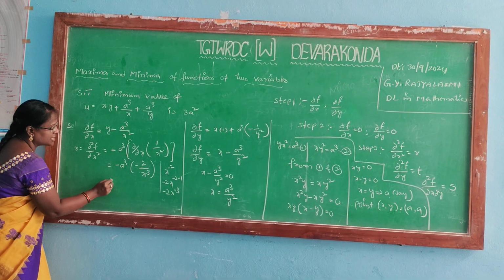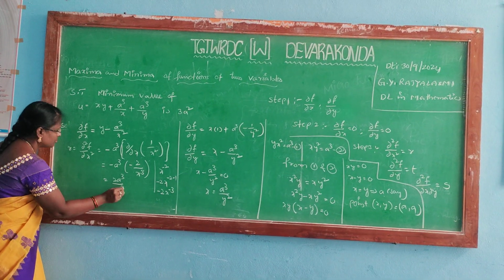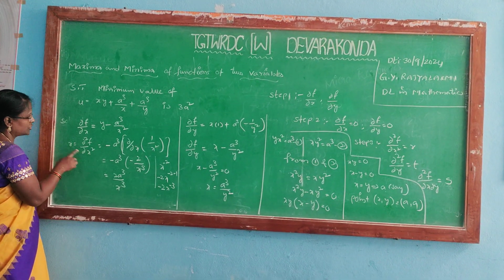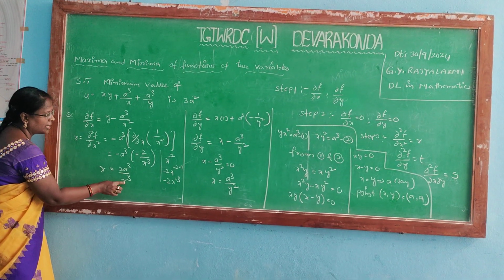Minus into minus is plus, so 2a³/x³. This is ∂²f/∂x², that is r, equal to 2a³/x³.